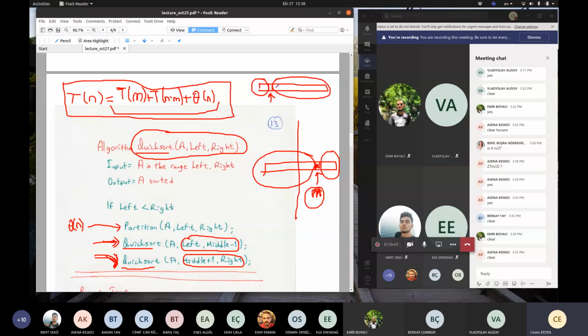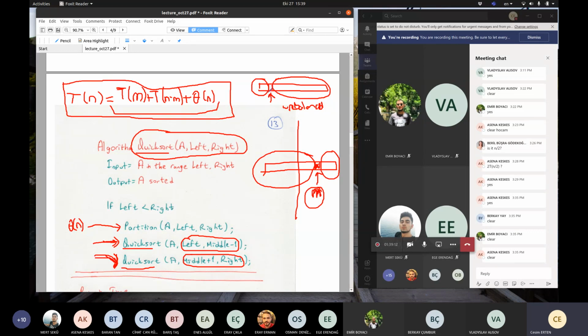Having unbalanced partitions is one extreme. Let's say these are unbalanced partitions, where after doing the partition we find out that the middle index is close to one of the ends.